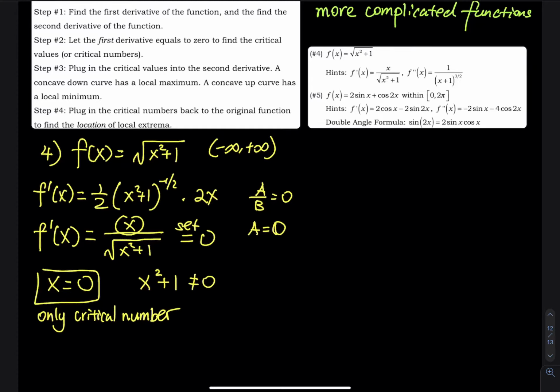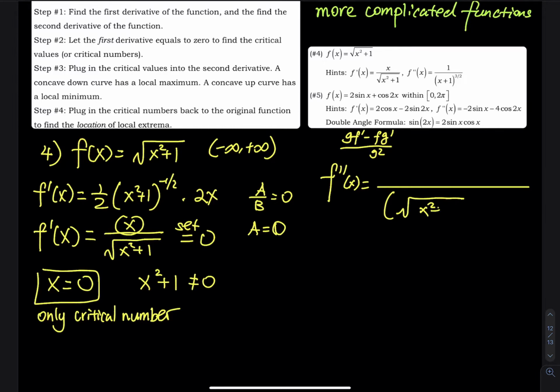For the second derivative, you have to use the quotient rule, right? Every time I say you have to use the quotient rule, I will just remind you what it is: g f prime minus f g prime, divided by g squared. So for f double prime, I square the bottom immediately, so that is the square of the square root of x squared plus 1.